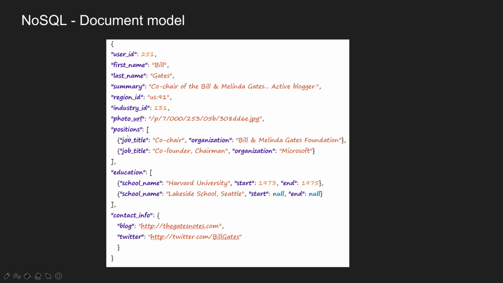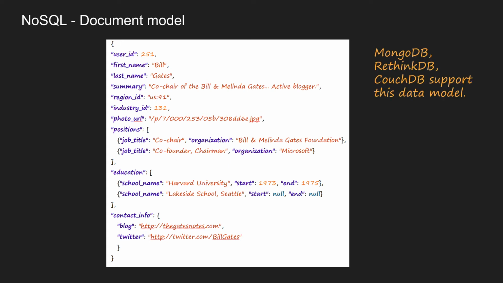Positions are like an array, with multiple values. Education and contact information also have multiple values, and all this relevant information is in the same document. Currently there are MongoDB, RethinkDB, CouchDB, and others that support this data model.